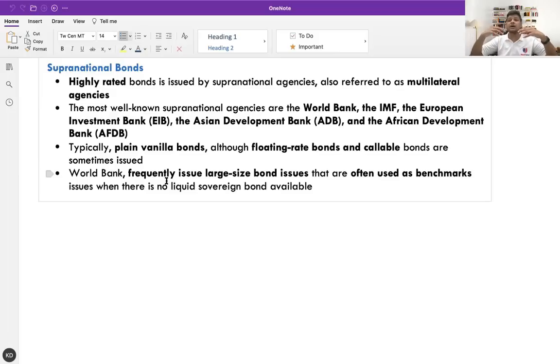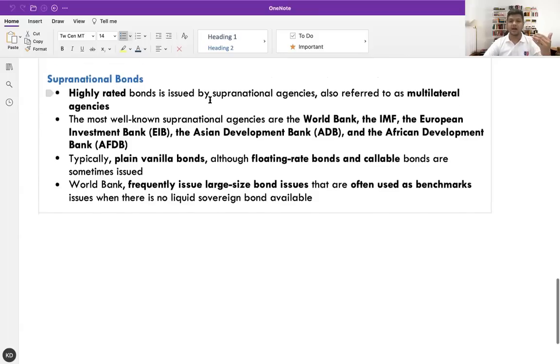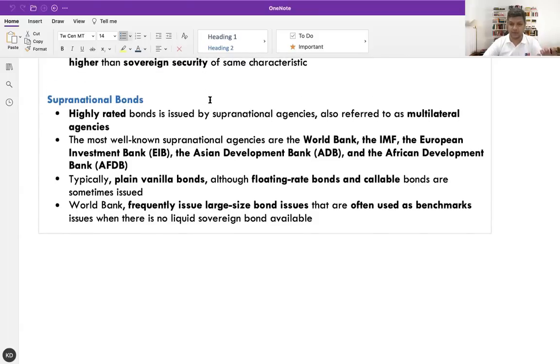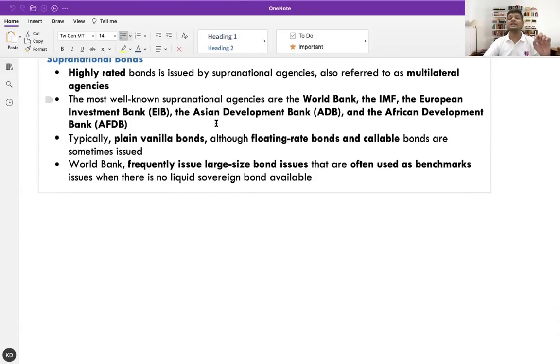These institutions issue bonds. They are called supranational bonds. They are very highly rated, and they are issued by these multilateral agencies, which we just discussed. Typically, they issue a plain vanilla bond, which is a fixed coupon bond where the coupon is paid regularly, and on maturity, you get the principal back. Although floating rate bonds and callable bonds can also be issued.